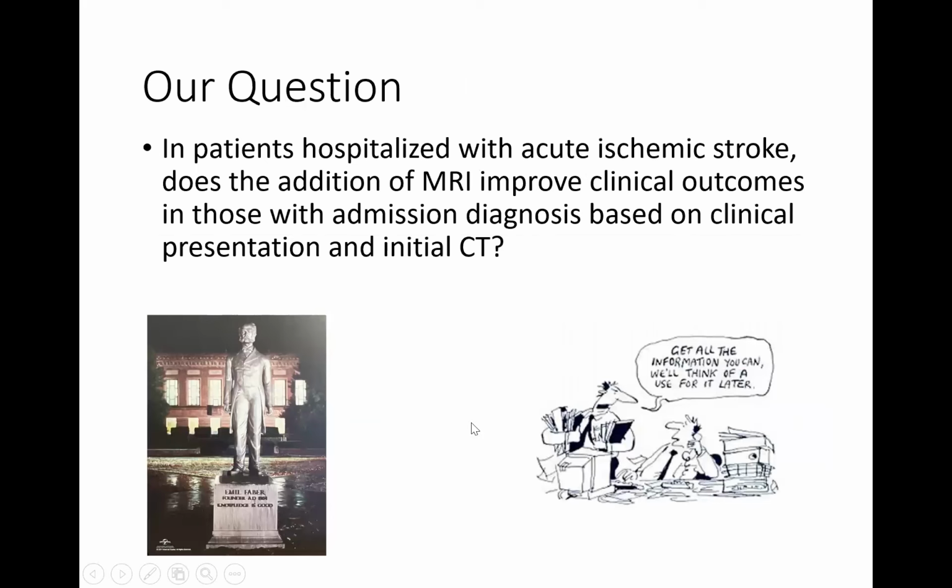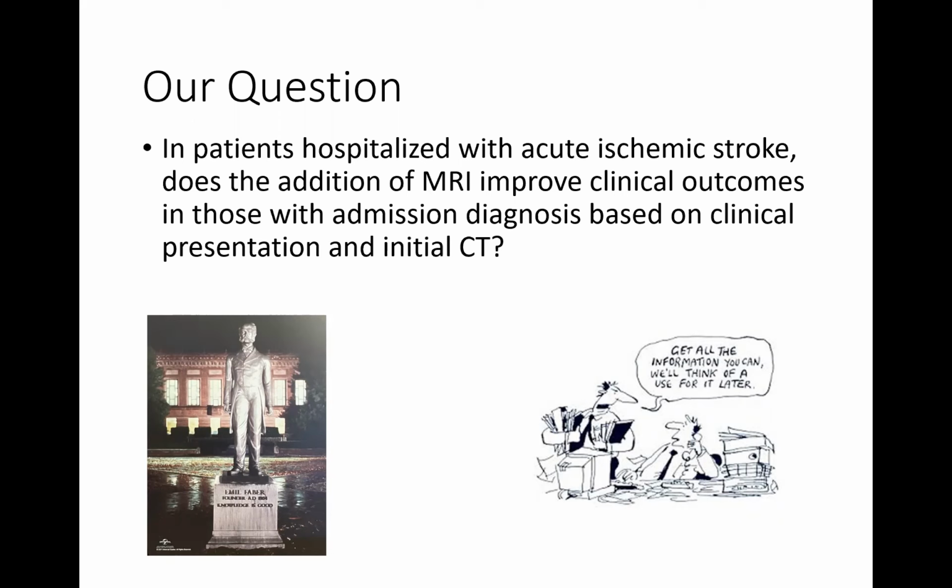So the question we set out to answer was, in the patient with an acute ischemic stroke, does the addition of MRI actually improve patient outcome? And we selected a very specific group of patients, and these were patients who were admitted to the hospital with a diagnosis of acute ischemic stroke based on clinical presentation and an initial CT.